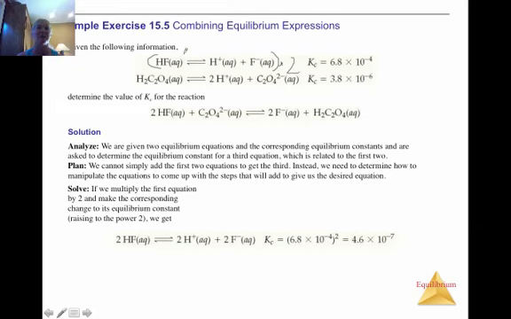Okay, so I'll end up with 2HF, sorry for being so primitive here, yields, and I'm still going to draw my double-headed arrow.